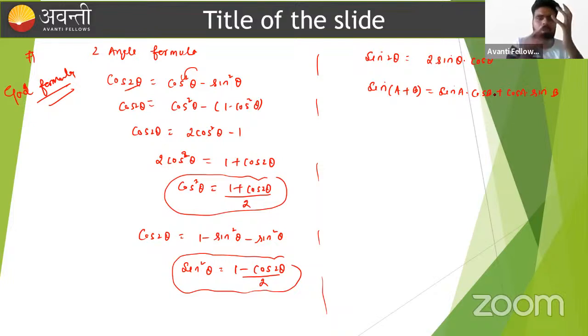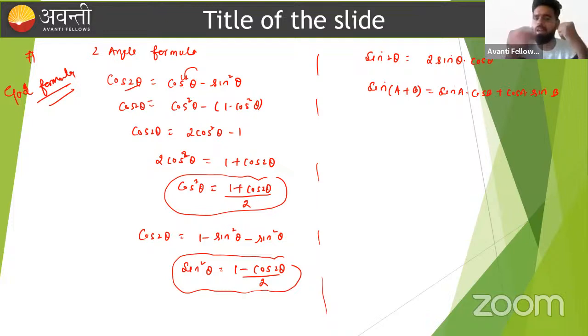Okay. Suppose we know some basic values of trigonometric ratios. Suppose we know 30 degree, 45 degree, 60 degree, 90 degree for all 6 trigonometric ratios. I assume that you know all these values, and suppose you have to find out sine 75 degree.